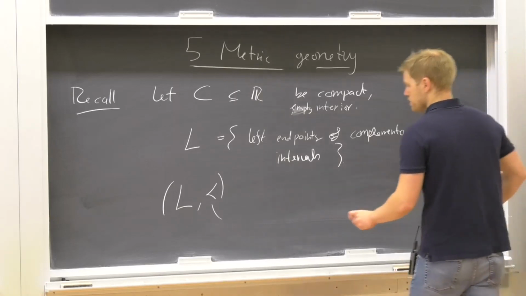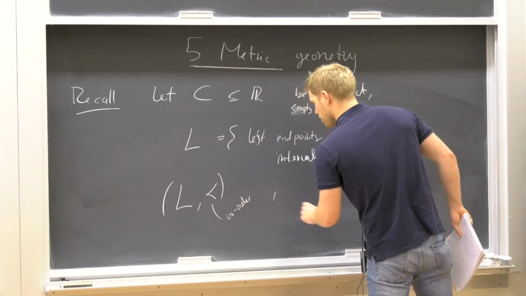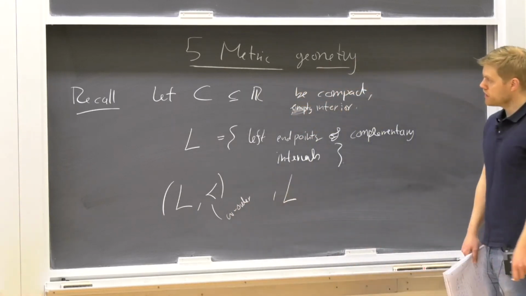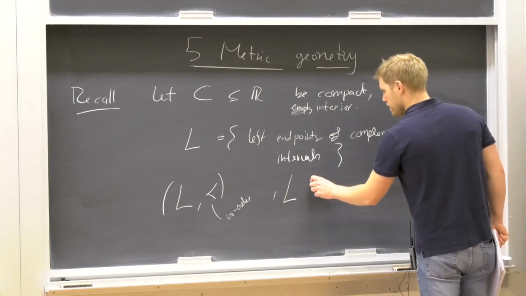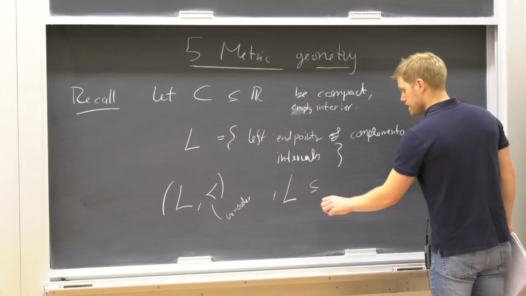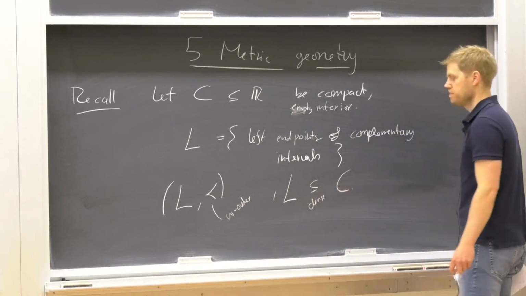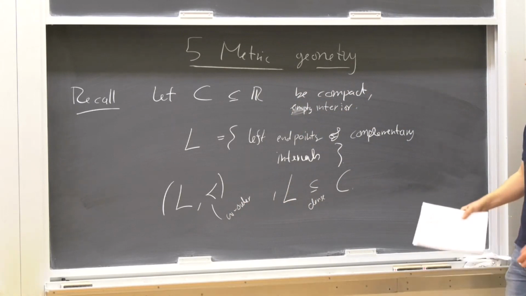So we got an omega order here. It's not necessarily a dense omega order, in the sense that we defined, but these left endpoints lie dense in this Cantor set C, in this compact set without interior.